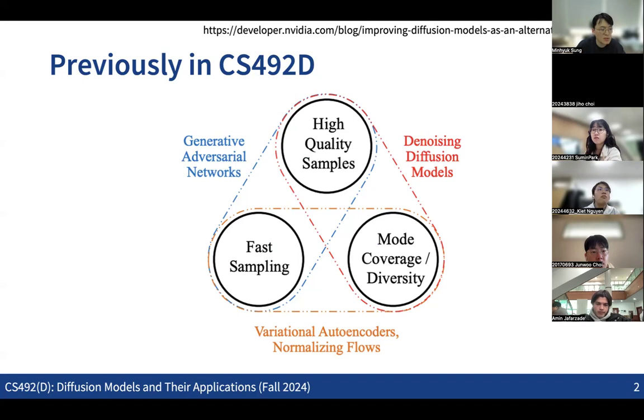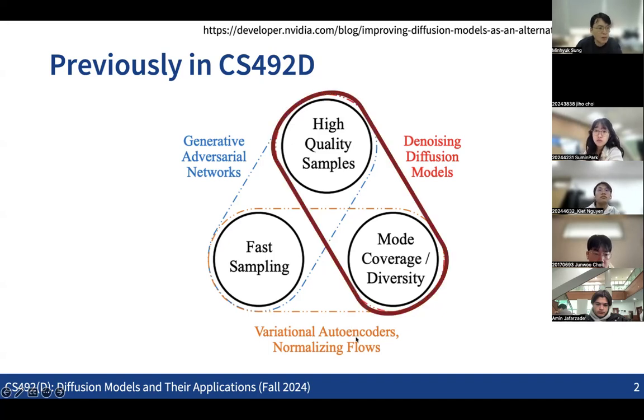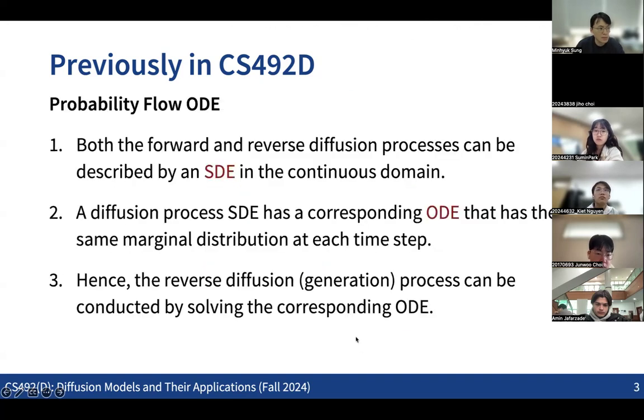So the discussion last time was about how we can make the generation process faster by reducing the number of steps. The basic idea was that we first looked at how the SDE formulation that we have seen for the diffusion models is related to the ODE.